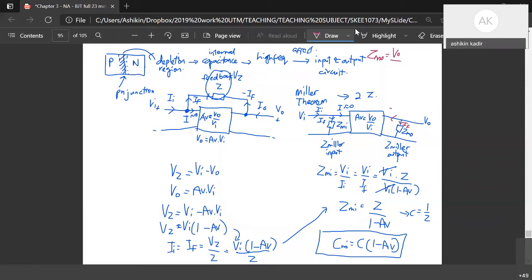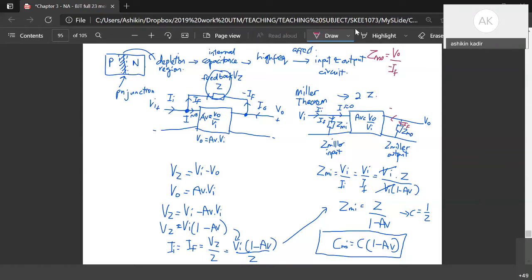Here it goes up, right? But now it goes down, so it will be minus IF. So minus IF. And then we just replace with the VR equation and also IF here.